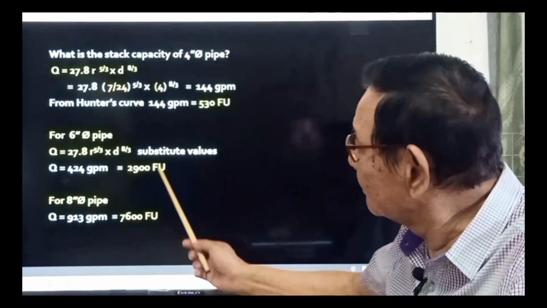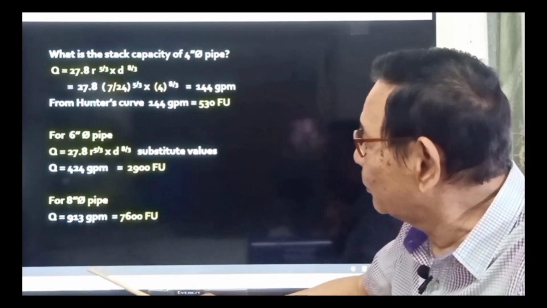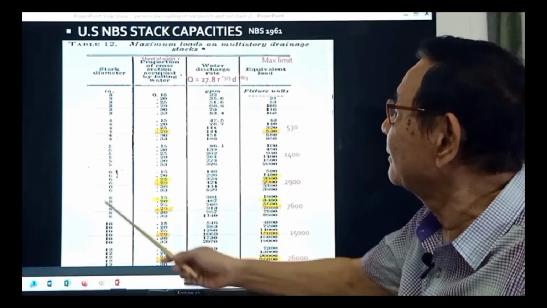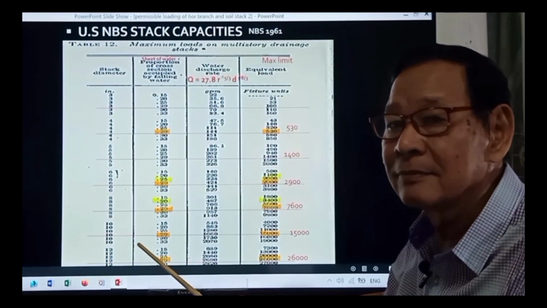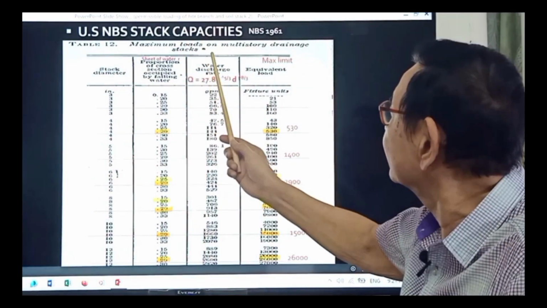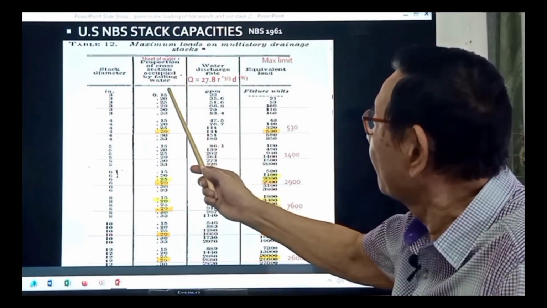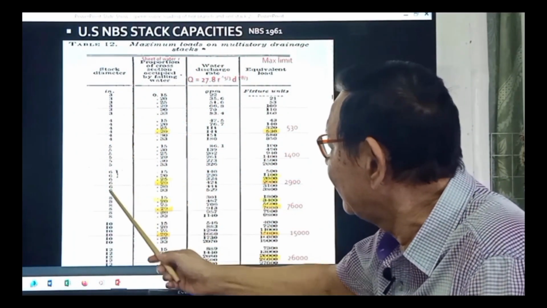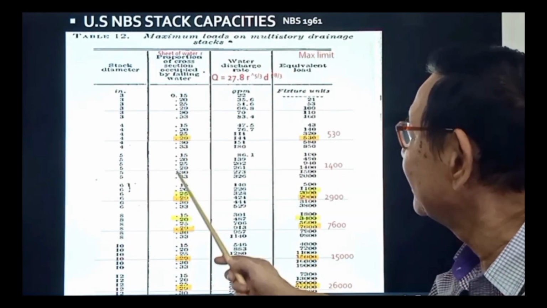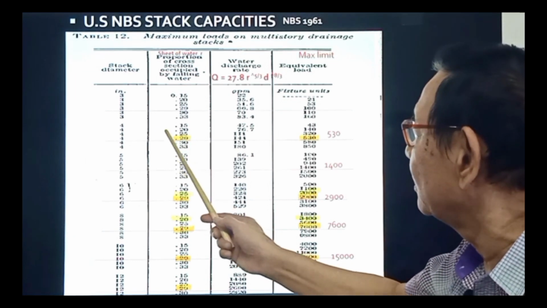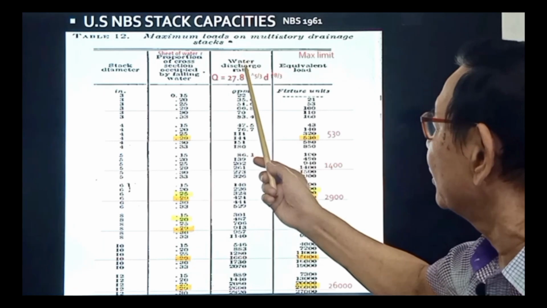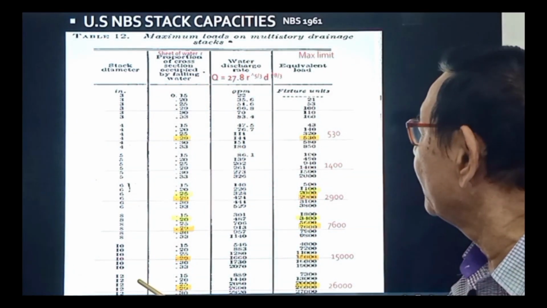If you want to make the computation, it's easy. But if you want tables, you can have them. This table is from the NBA, stack capacities by diameter of the pipe. For example, the 4 inches at 0.29, this 0.29 is 7/24. We have a fixture discharge of 144 GPM.